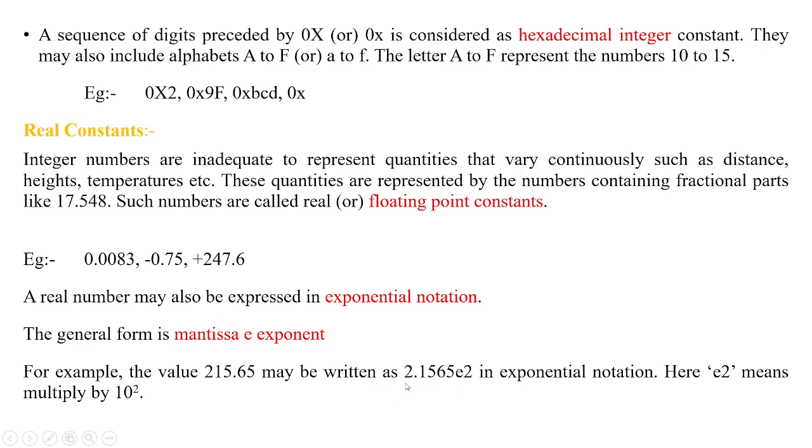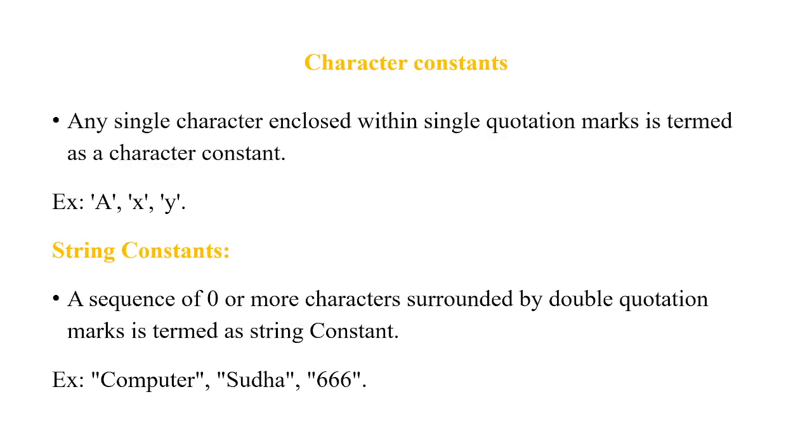See here, I have used 2.1565e2. That is, e to the power of 2 means multiplying by 10 to the power of 2. If 10 to the power of 2 is multiplied with this number, again I am going to get 215.65. That is, decimal point numbers can also be represented in exponential notation in C.